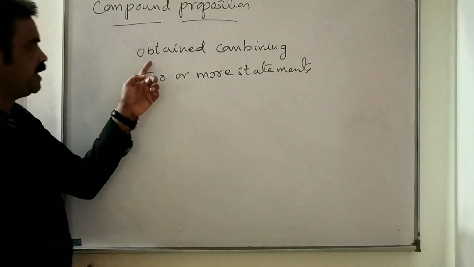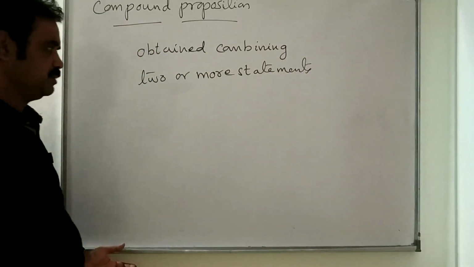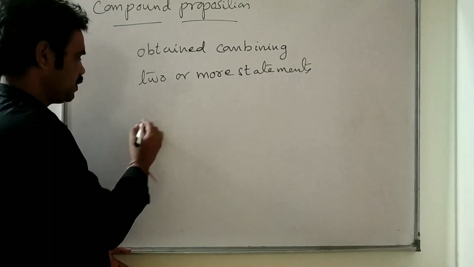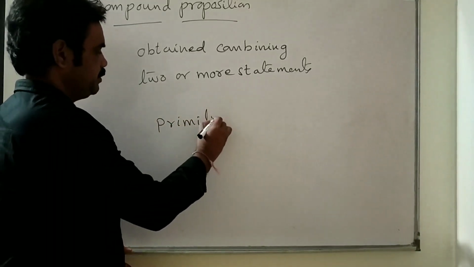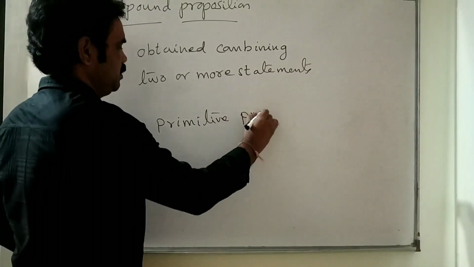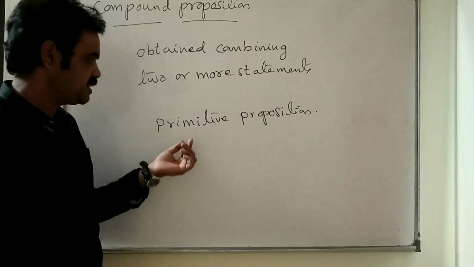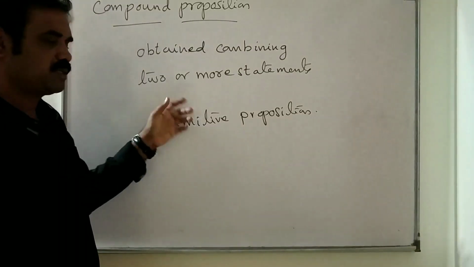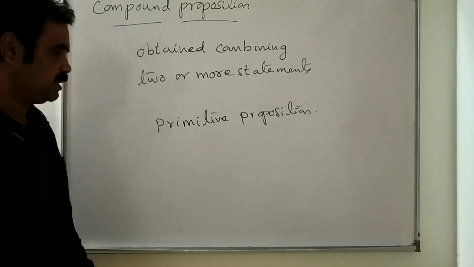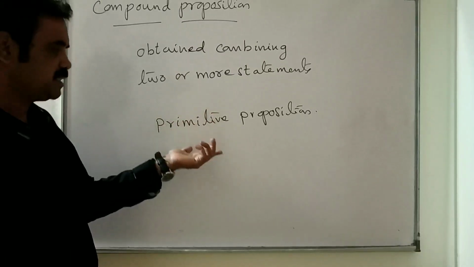If it is not a compound proposition, then it is called a primitive proposition, that means a simple proposition. You cannot write this as a combination of two or more propositions.